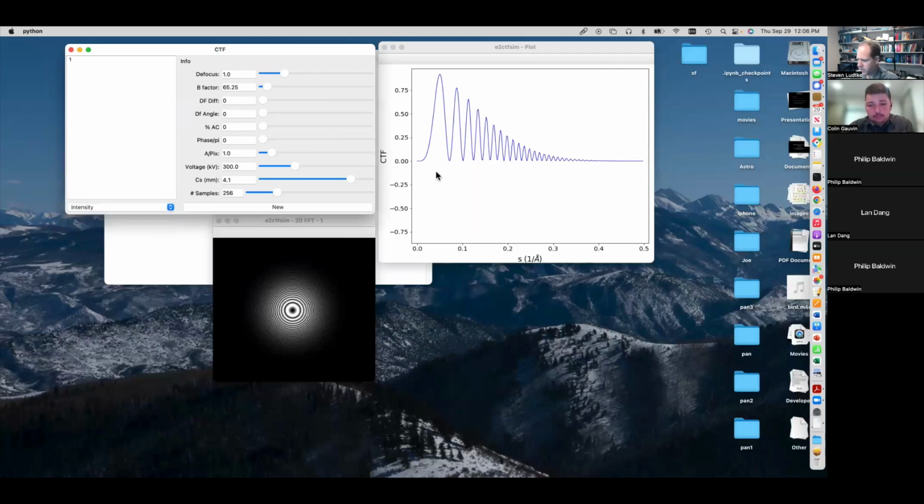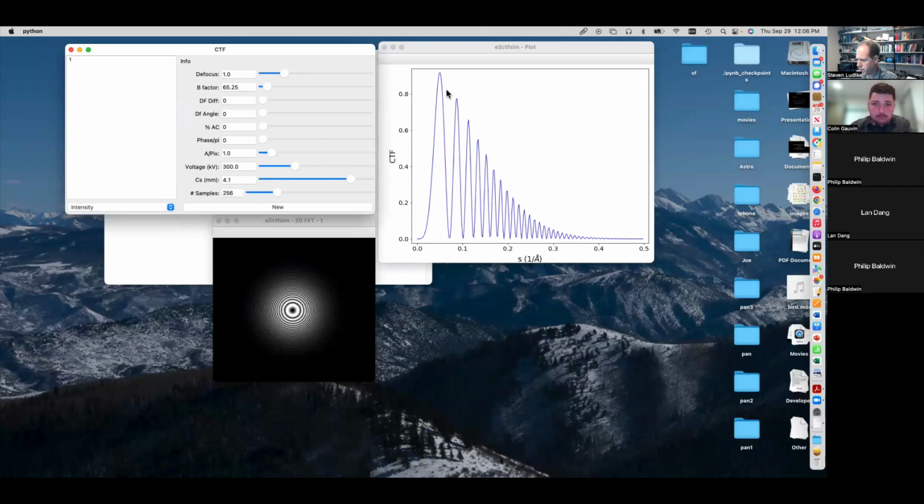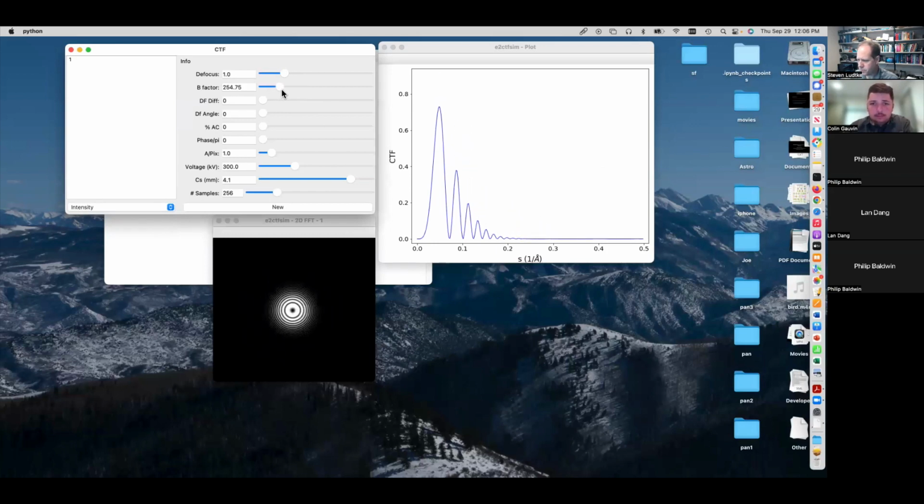So let me present this as intensity, which is what we usually are looking at in cryo-EM. As the atoms vibrate more and more and more, the decay in Fourier space becomes faster and faster and faster. Now, B factors that you would see in crystallography are tiny compared to this.